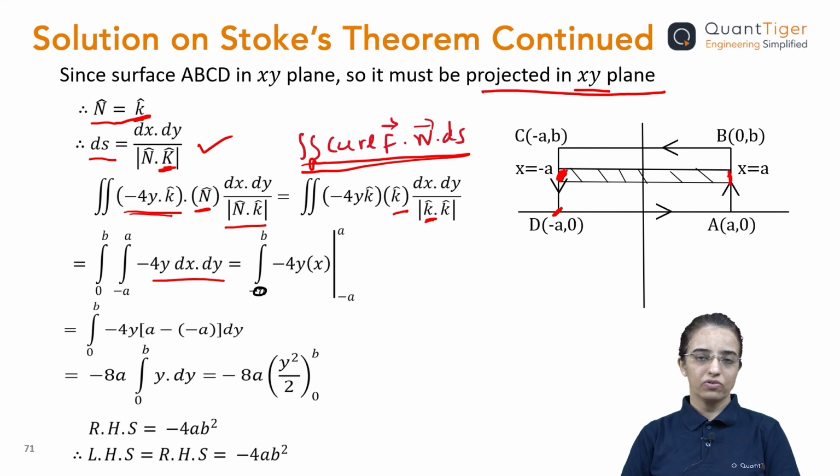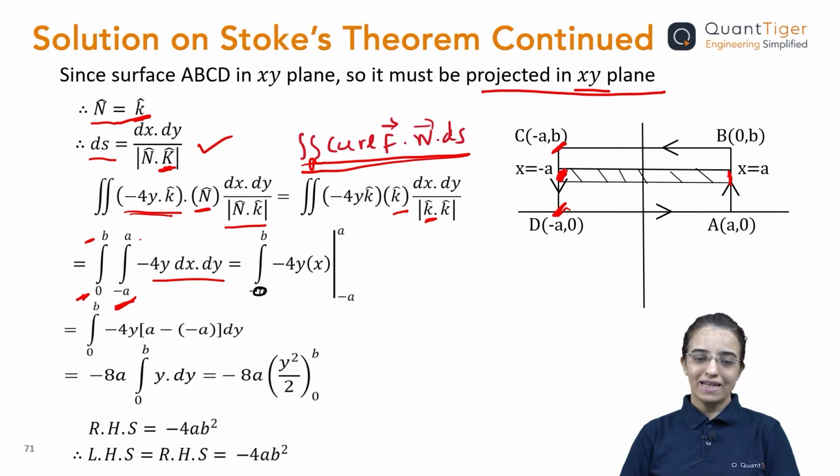So the limit of x is minus a to plus a, which I have written here. And if you move this rectangular strip vertically, here the y coordinate is 0 and here the y coordinate is b. So the y limit is from 0 to b, which I have written here.